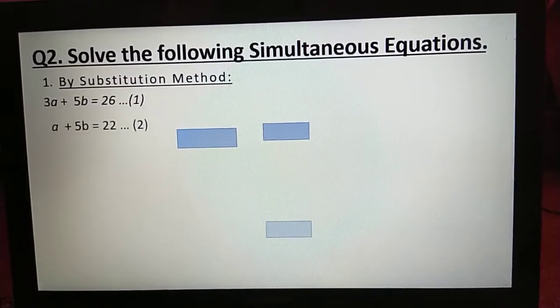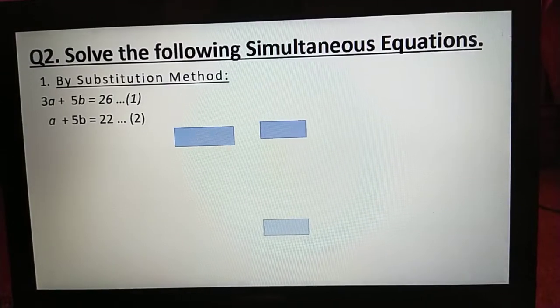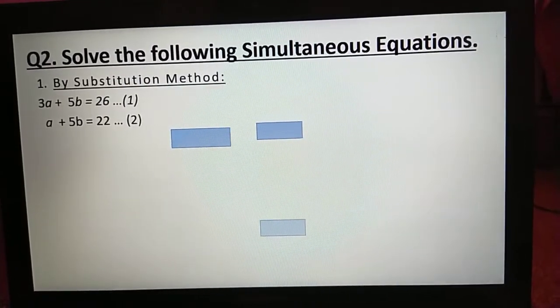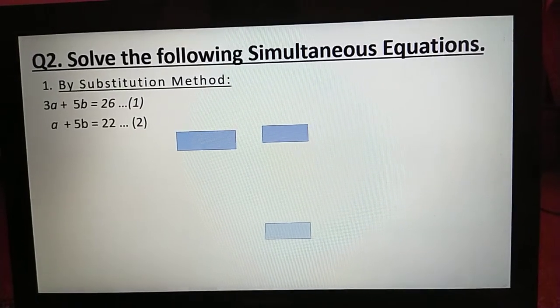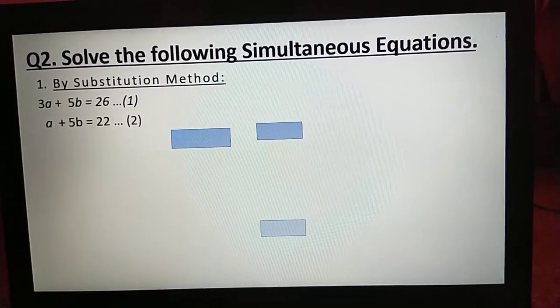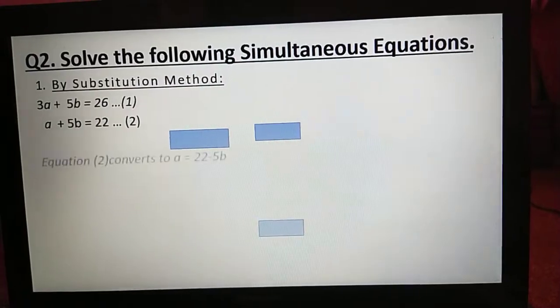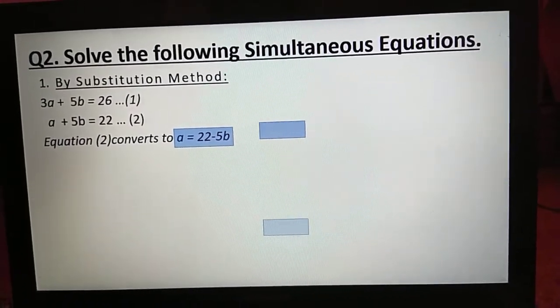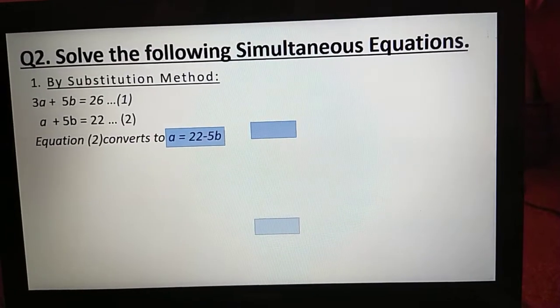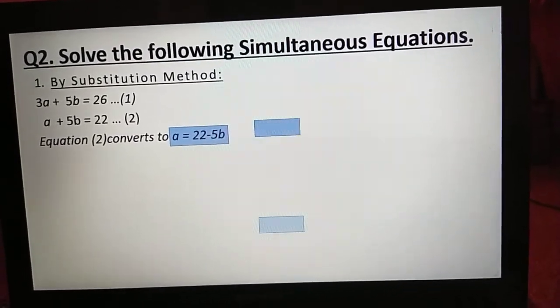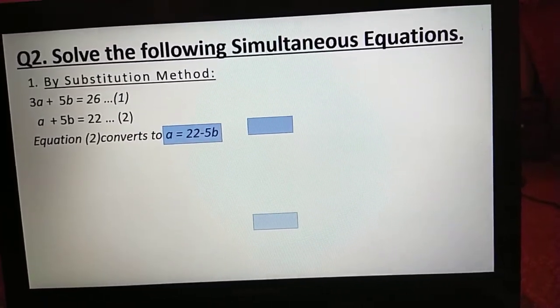So we have both the equations: 3a plus 5b is equal to 26 and a plus 5b is equal to 22 is the second equation. Now you remember the steps I had given: you have to convert one of the equations in which the coefficient is 1.